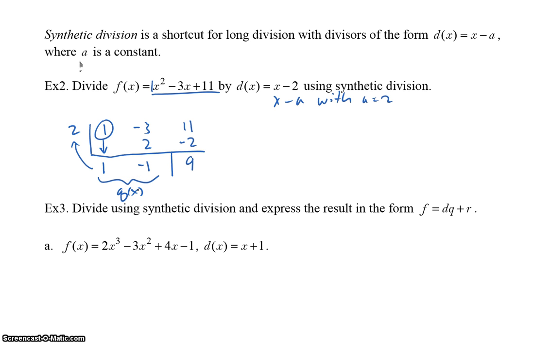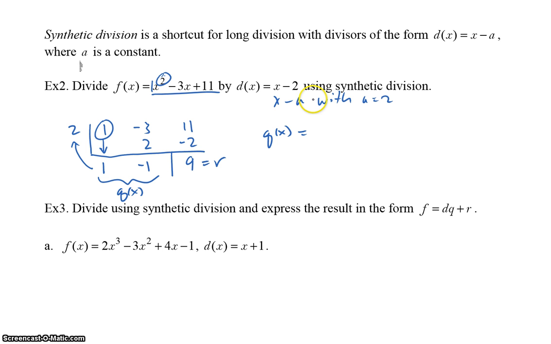And instead of using r of x, with synthetic division, it will always be a constant remainder. So I'm just going to call that r. It's a constant remainder. So our q of x, okay, how do we interpret this? Well, the degree of f of x was 2. Whenever you do a synthetic division, the degree of the quotient is always 1 less than the degree of what you divided into originally. So that would mean q of x would have to be a first degree polynomial.